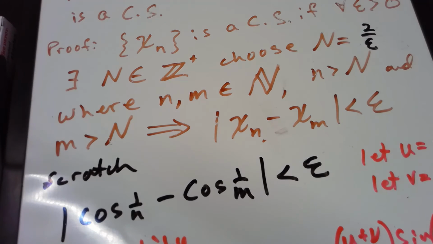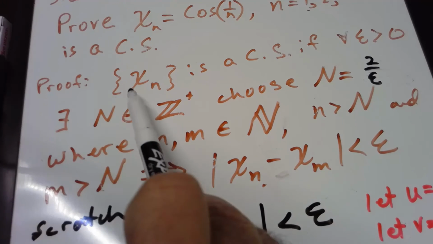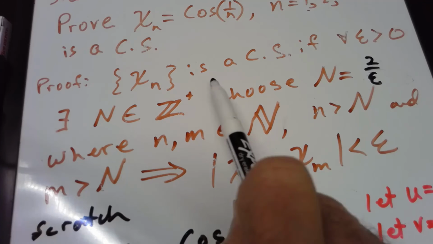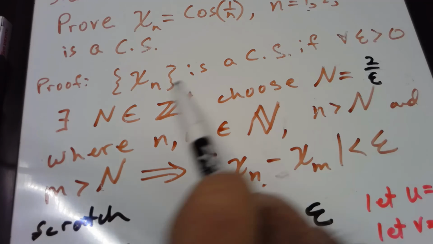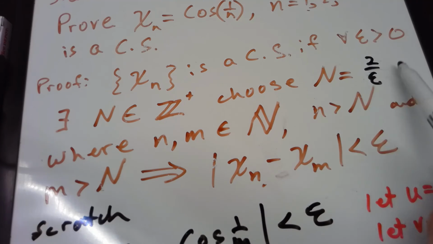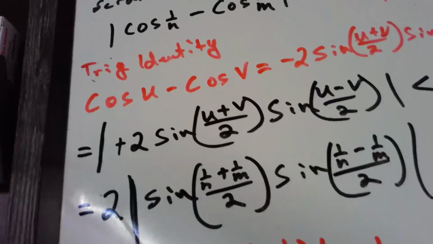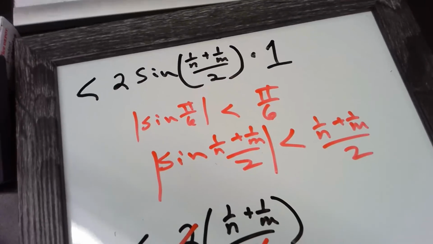And from here you go back and redo the proof. You can say for x sub n is a Cauchy sequence, for all epsilon greater than 0, there exists an N that is an element of the integers. Choose N as 2 over epsilon. And then you go back and do this proof again.